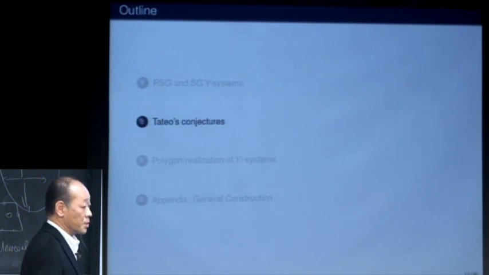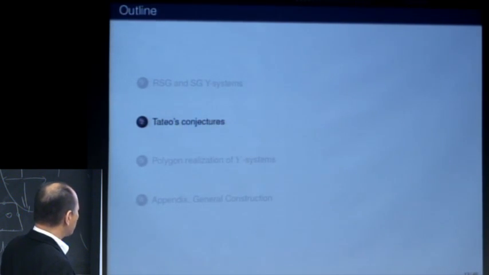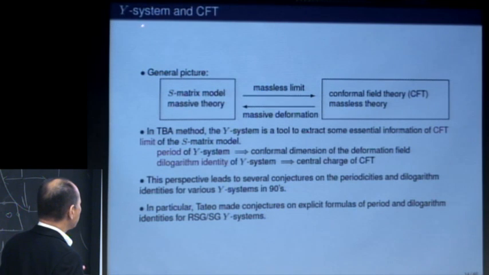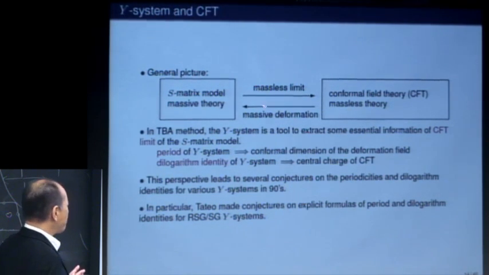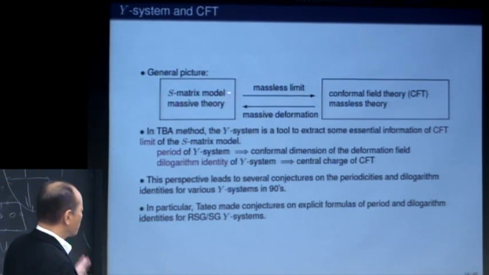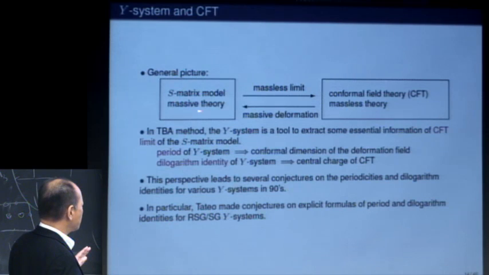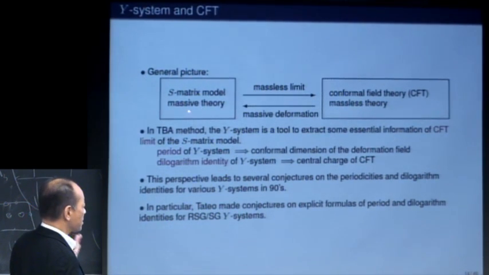What is the use of this Y system? Now next I explain Tateo's conjectures. First, the general philosophy is as follows. In general, this S matrix model, not only for sine-Gordon but there are many, is a massive theory, meaning that a particle has some mass.